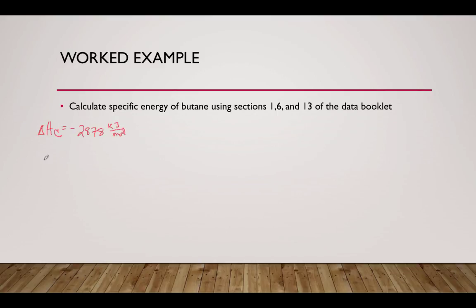Now we're looking for the specific energy. I want to write up here because I'm going to run out of room. Specific energy is equal to the energy released over the mass of fuel consumed.